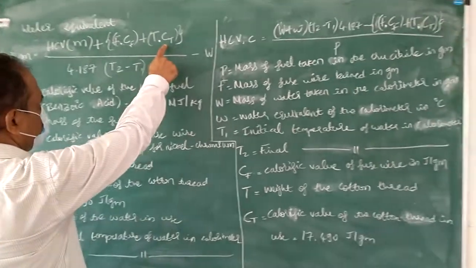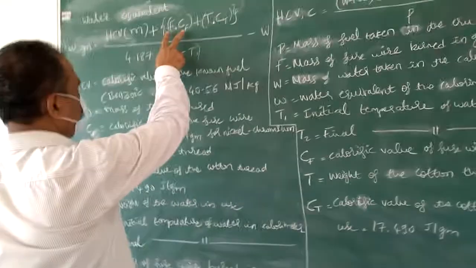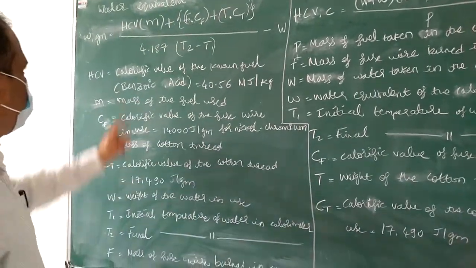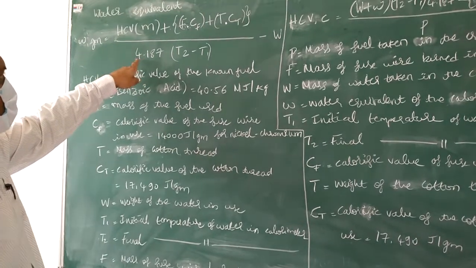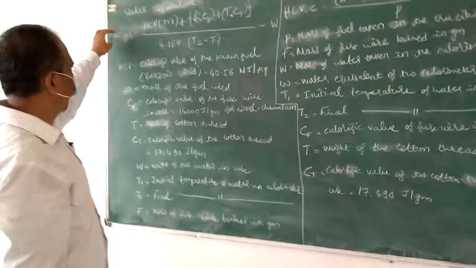So cotton thread mass into calorific value, nickel chromium wire mass into calorific value, this plus M into HCV, divided by 4.187 (T2 − T1). This will give the water equivalent.